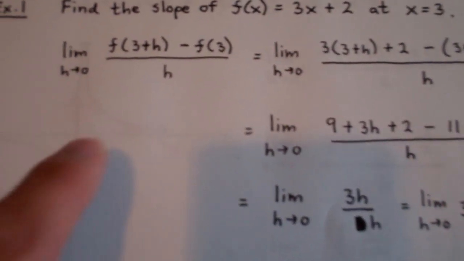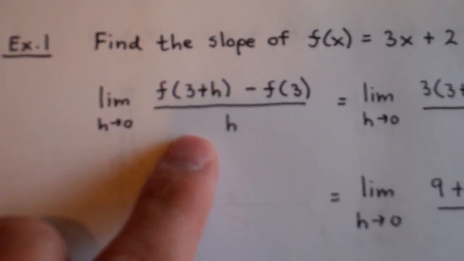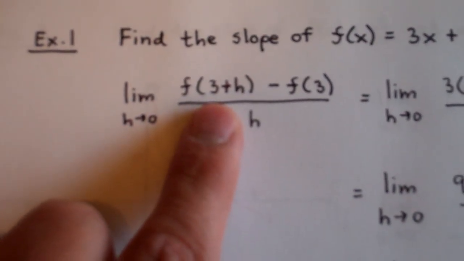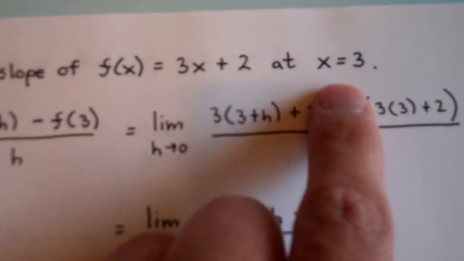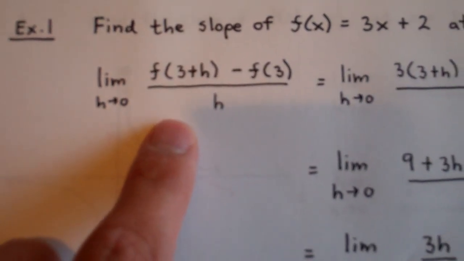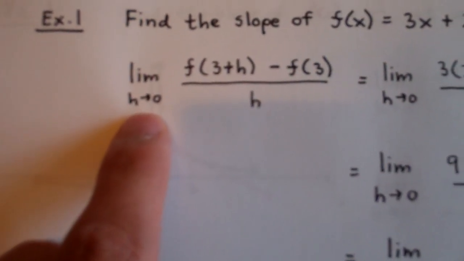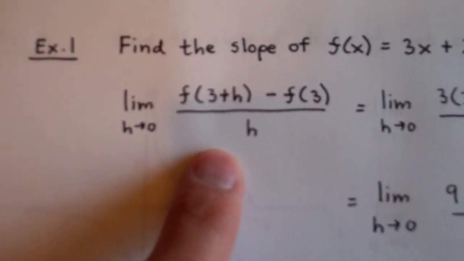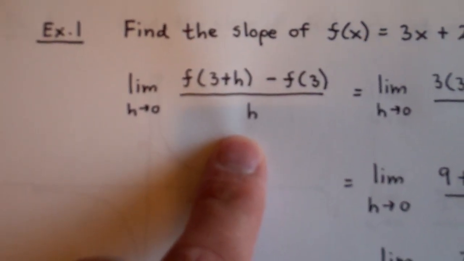Okay, so here I have the definition for the slope of a tangent line. In this case, a is 3 because we're looking for the slope at this specific point, x equals 3. So the slope of the tangent line is going to be the limit as h goes to 0 of f of 3 plus h minus f of 3, all divided by h.